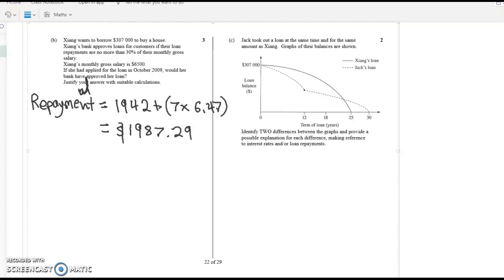Okay, so that's how much you've got to repay if you took out this $307,000 loan in October 2009.